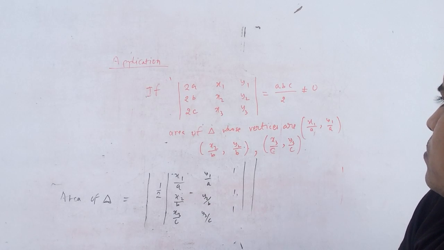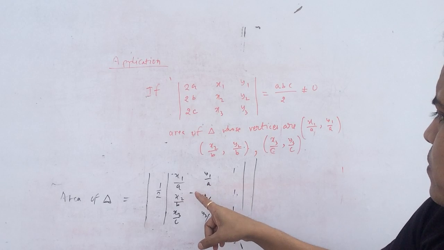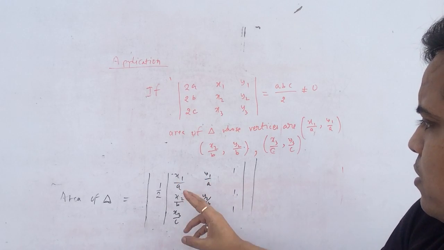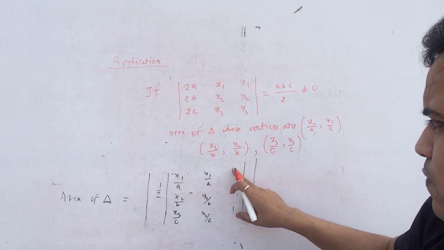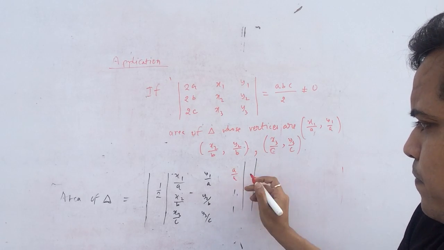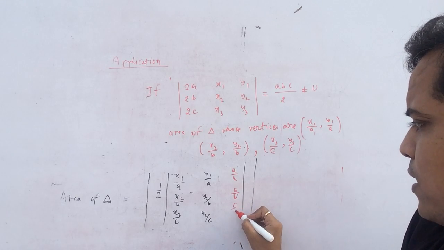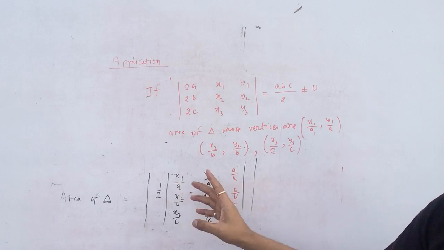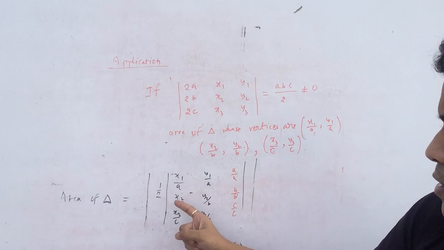So how would you approach this question? Here we have 1 upon a, 1 upon b, 1 upon c. I can write here, at the place of 1 1 1, a upon a, b upon b, c upon c, so that I could take multiples common. Here row 1 has common multiple 1 by A, you can take it out.